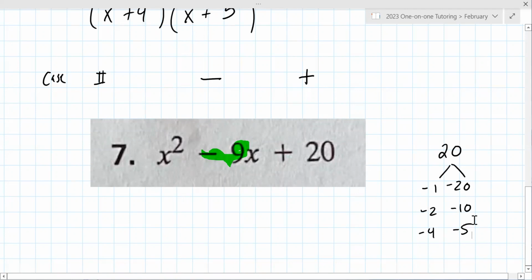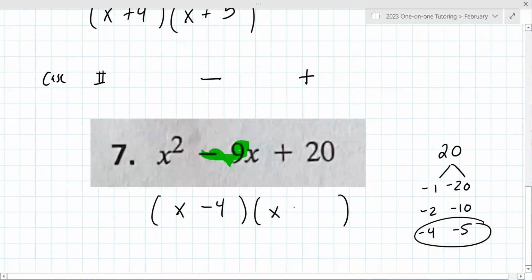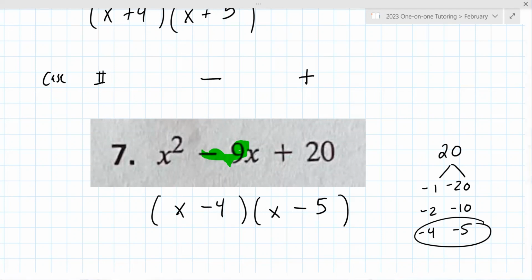Do any of these add up to -9? -4 and -5. So your binomials here are x minus 4, x minus 5. So instead of them both being positive, they're both negative.